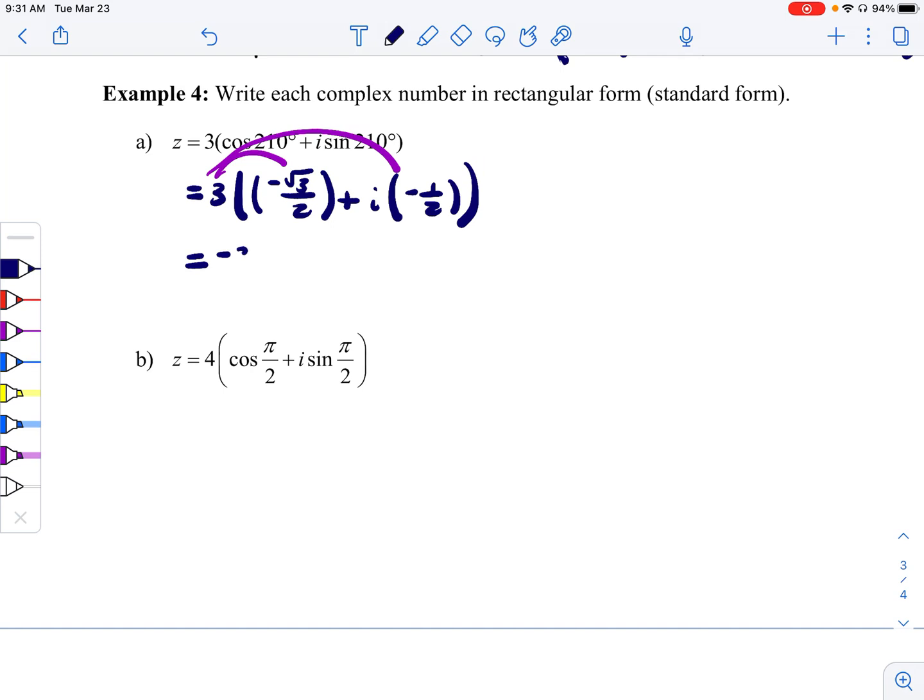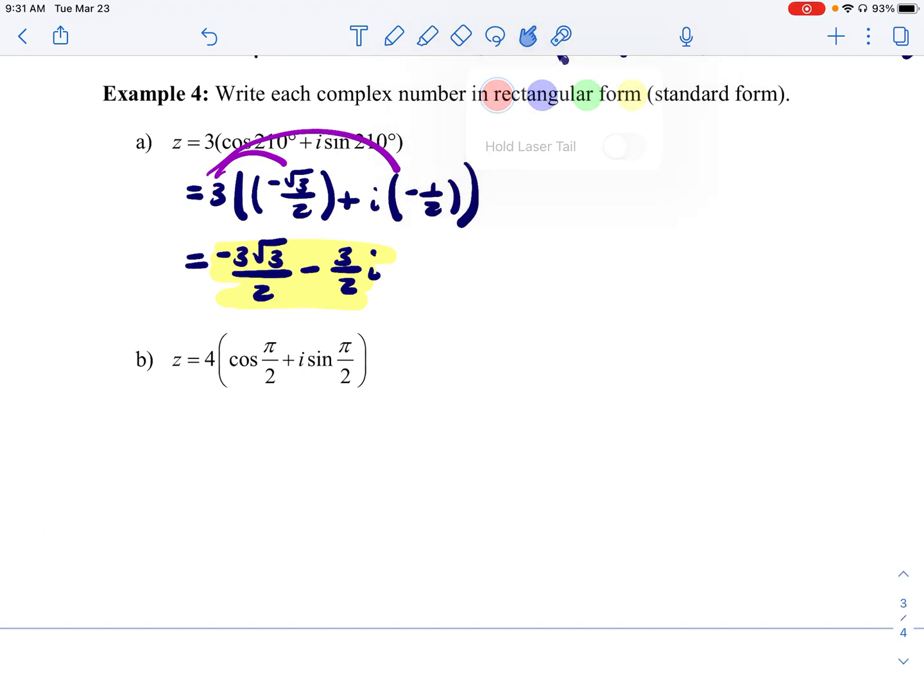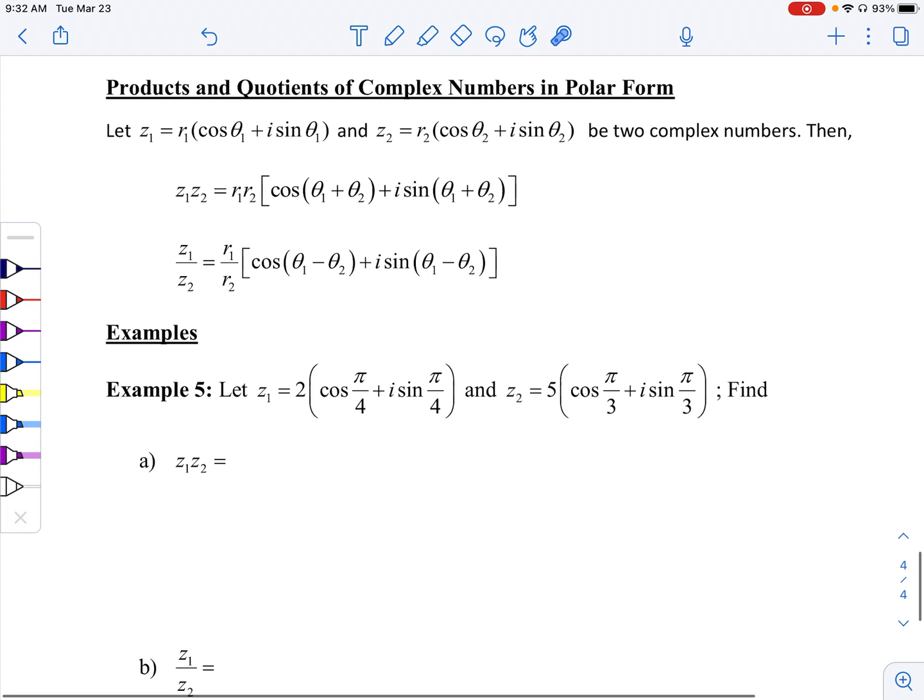So we would get negative 3 square root of 3 over 2, minus 3 over 2 i. And that would be our final answer. So again, if you're going from polar to rectangular, just evaluate your sine and cosine and distribute in the radius. I'll leave example B for you guys to try on your own.